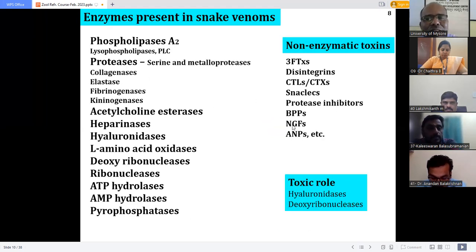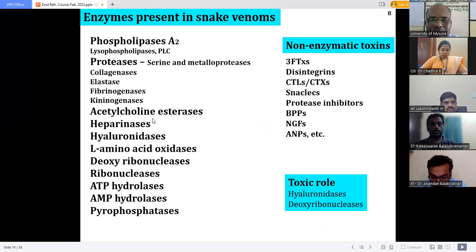So as I already mentioned, snake venom is a complex of so many enzymes and non-enzymatic toxins. See, phospholipase A2, phospholipase B, phospholipase C. You can see proteases. We have serine proteases, metalloproteases. We have collagenases, elastases, fibrinogenases, kininogenases. These are all proteases.